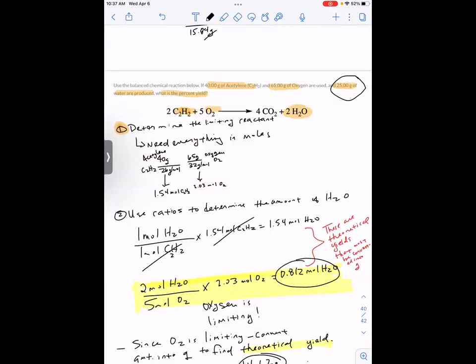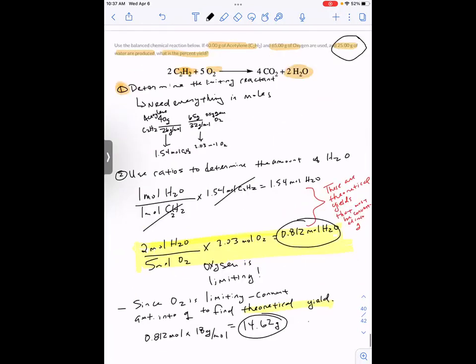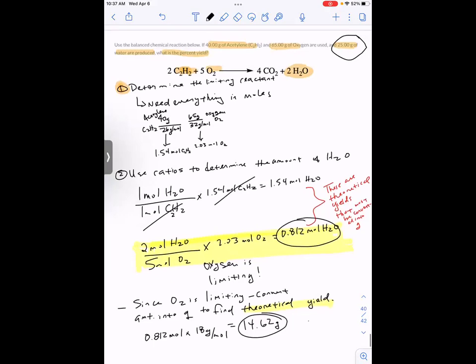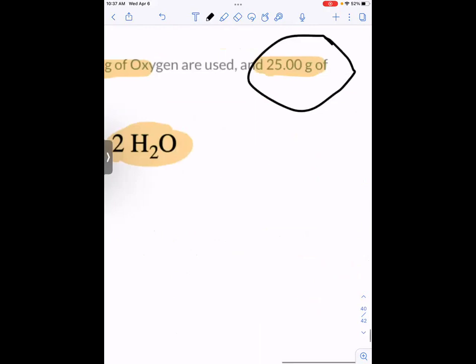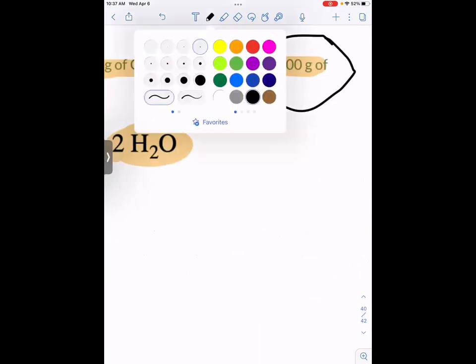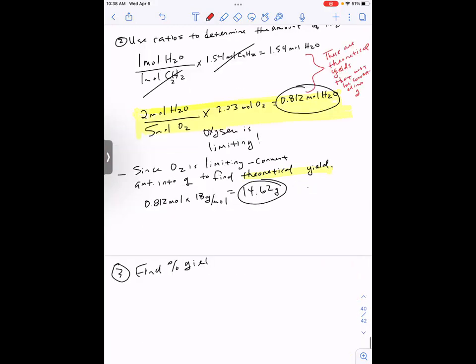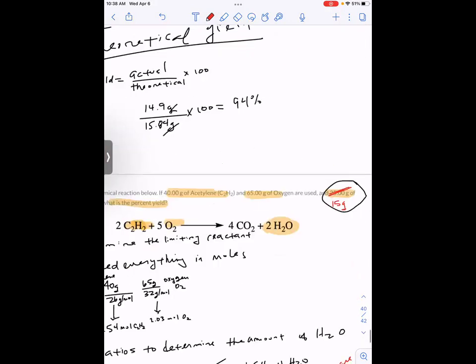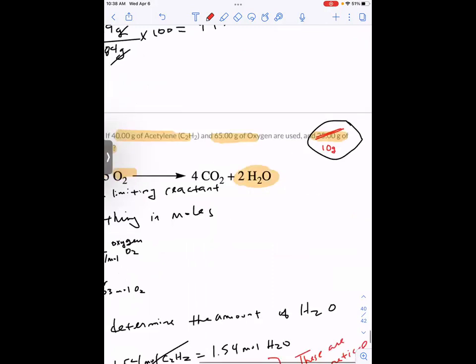Oh no, let me take that back. Yeah, that actual yield is too high. So we're going to chop this down and say it's 15. Actually, we're going to chop it down even further, because if it's 25 grams actual, then something is off. We're going to say it's 10 grams.